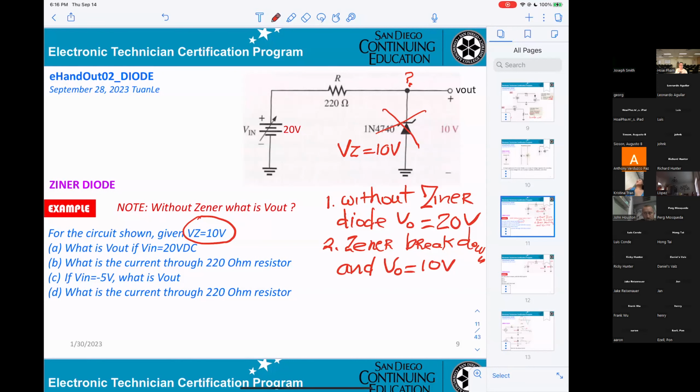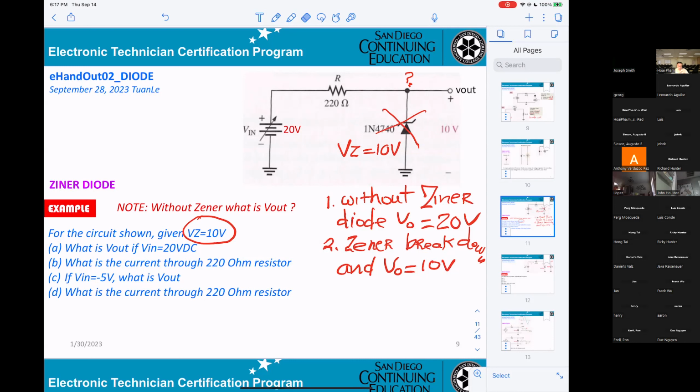Okay, that is why you can understand in the digital system, when you go to school you learn, they're using the power supply only 5 volts. So that's why they have to connect that Zener diode with the voltage equal 5. That means any applied voltage higher than 5 volts, they break down, so you only get 5.